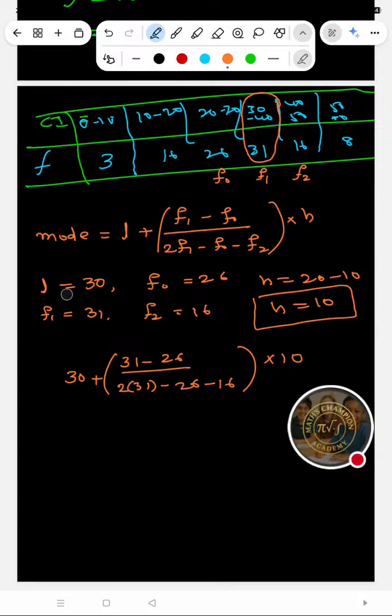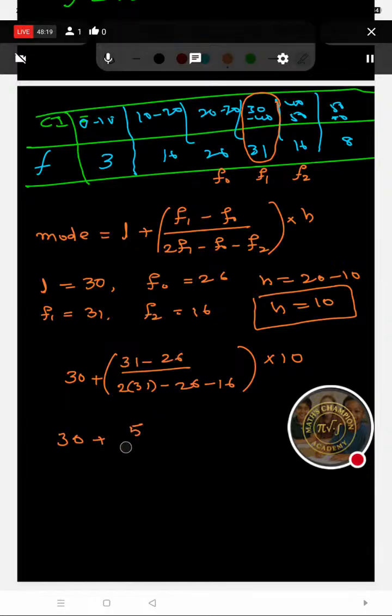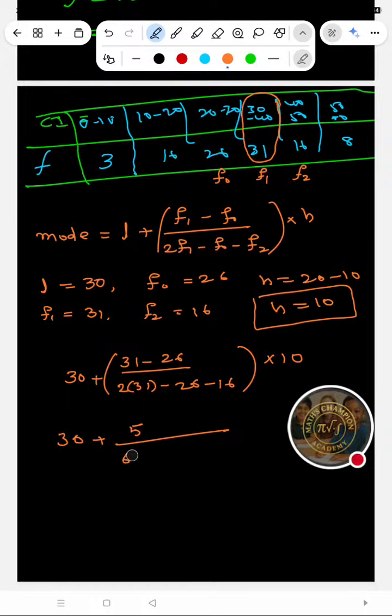L is the lower boundary of the modal class, 30 lower and 40 upper. So 30 plus 31 minus 26 is 5, by 62 minus 26 minus 16, how much are we getting? 42, I think, into 10.